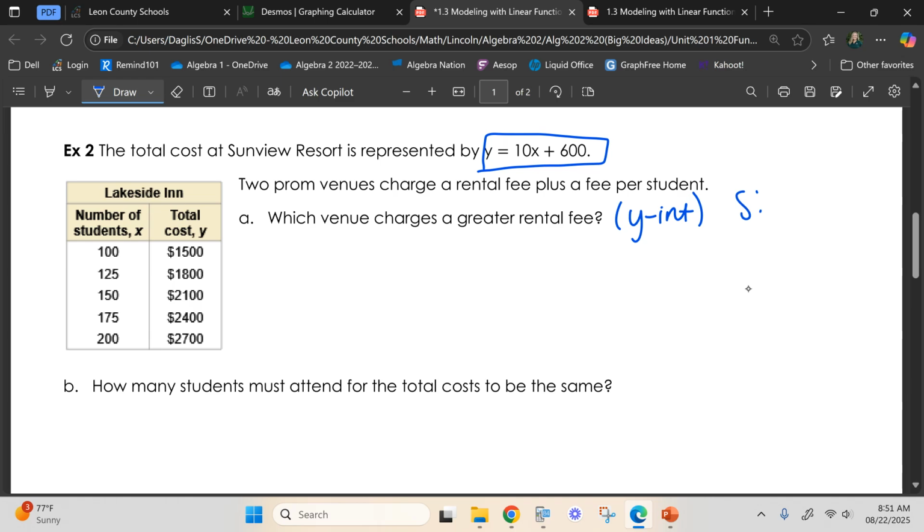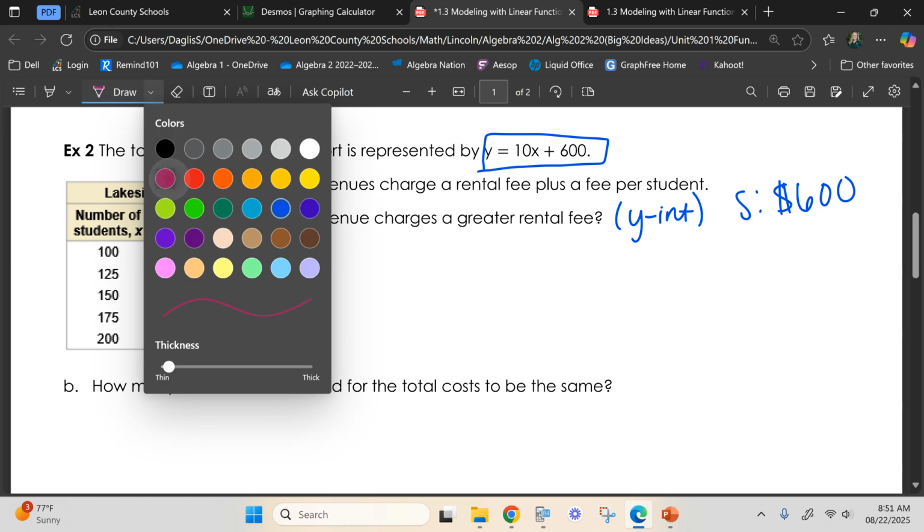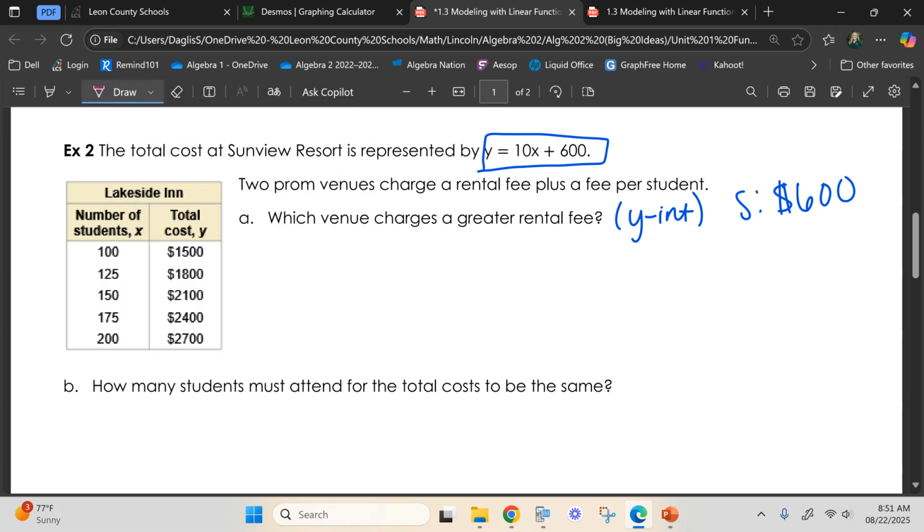I'll put it over here. Sunview is 600. We need to find that same information over here for Lakeside. Does my table start at 0? No, it starts at 100.